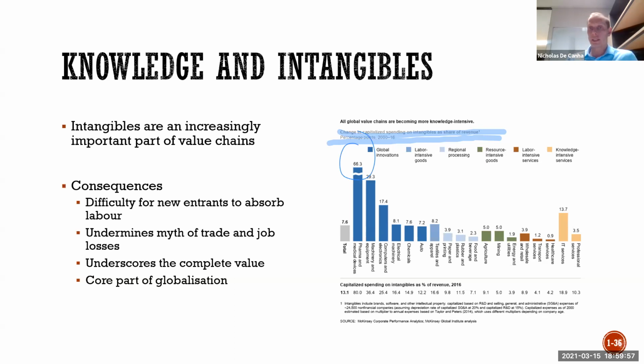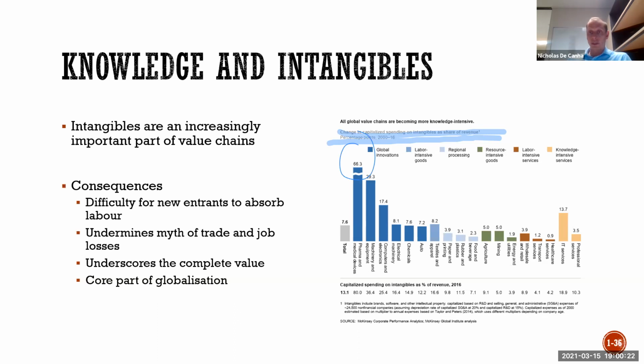If you're interested, this is Dani Rodrik's main theory or concern, that as you make things more and more complex, it's more and more difficult for you to industrialize a country in a way that absorbs tens or hundreds of thousands of people into industry.